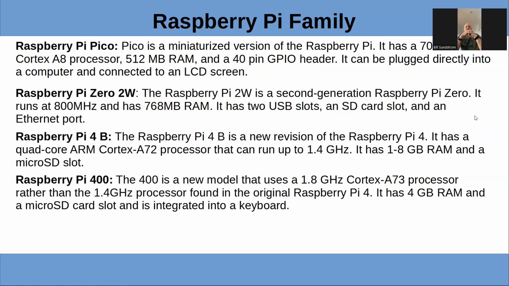Then the Raspberry Pi 4, now the Raspberry Pi 5. And then there's a Raspberry Pi 400, which I forgot to bring, which is a similar processor embedded in a keyboard. So it's basically a complete computer in the keyboard. All you need is a mouse and a display to hook up to it.